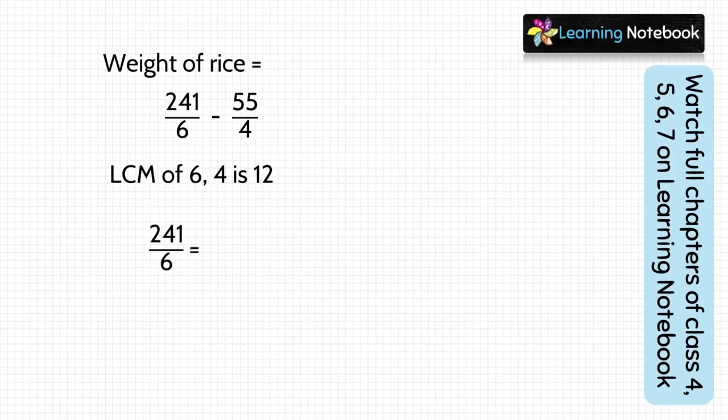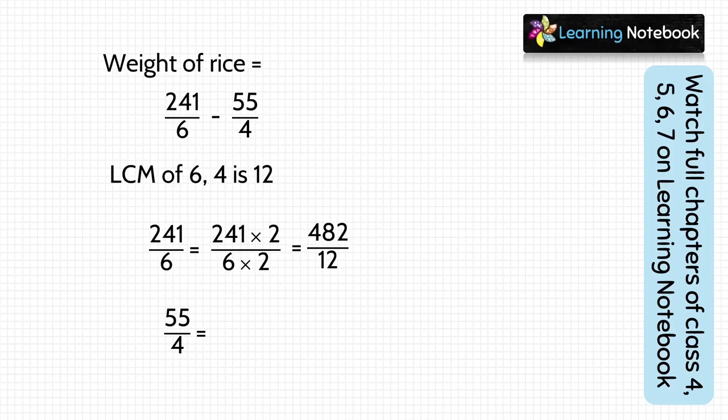So the first fraction is 241/6. To make the denominator 12, we will multiply both numerator and denominator by 2. We get 482/12. The second fraction is 55/4. Now here, to make the denominator 12, we will multiply both numerator and denominator by 3.